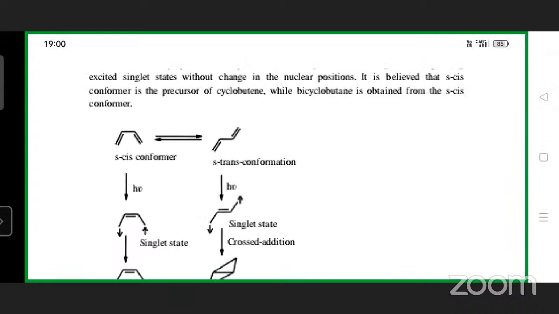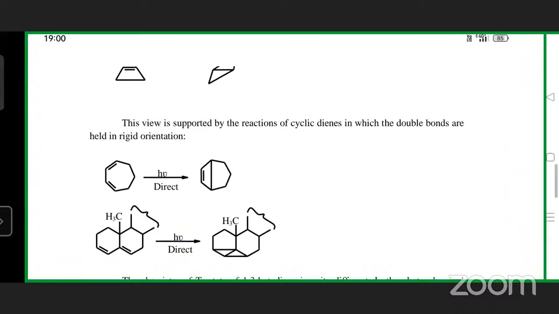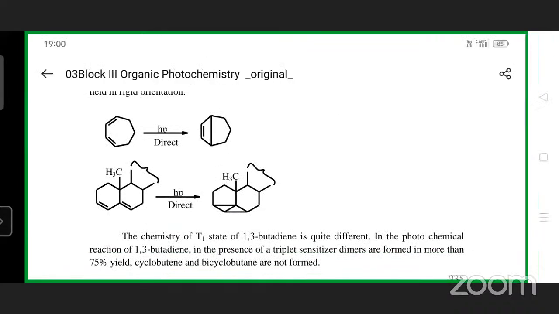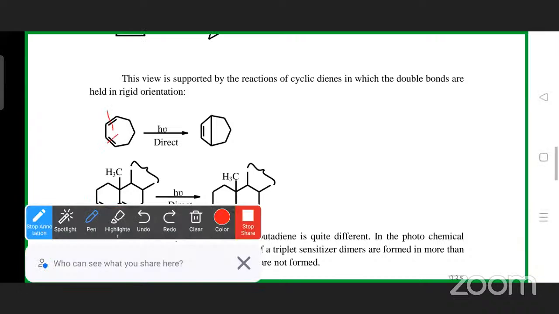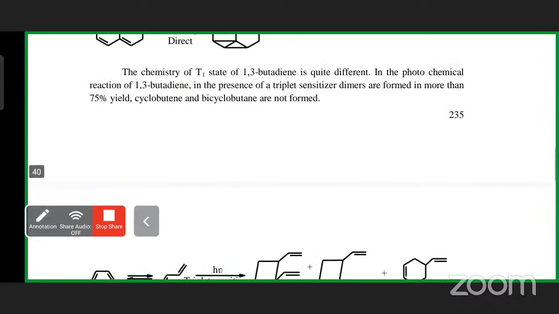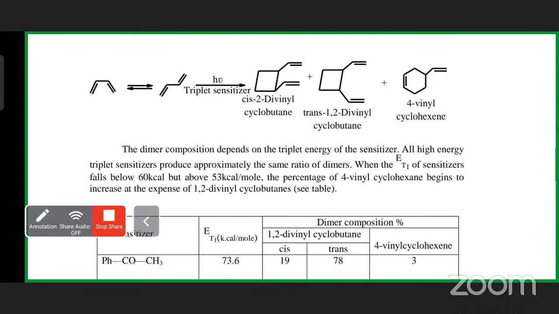And here also, upon direct irradiation, these two bonds undergo homolytic cleavage, so these radicals combine and form a double bond, and these radicals form this bicyclic compound. All these are related products.